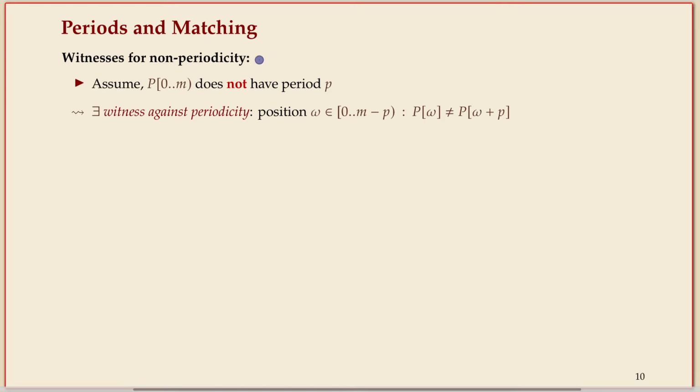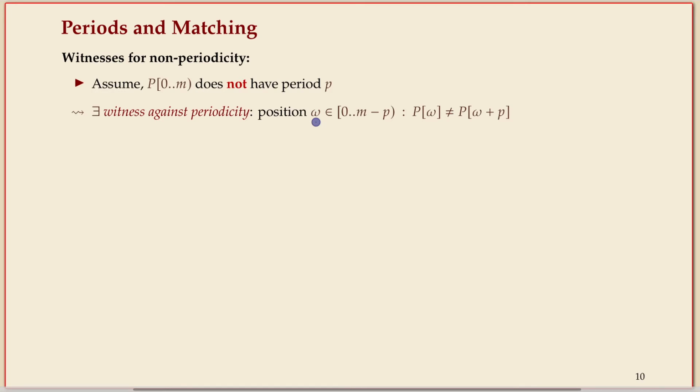Another little consequence of having a period is that you can align the strings on top of each other. And if you don't have a period, there must be a reason why you don't have one. So let's assume that we have a given pattern that does not have a certain period p. Then that means there must be a witness position that shows us why there can't be this period p, right?